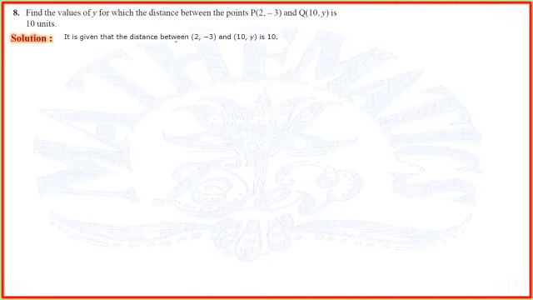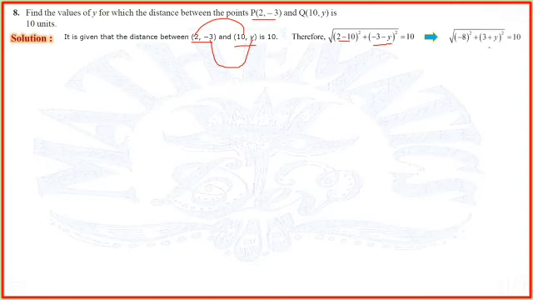It is given that the distance between P(2, −3) and Q(10, y) is 10. So that means √[(2 − 10)² + (−3 − y)²] is equal to 10. Therefore 2 − 10 is −8, and in −3 − y, minus we have taken common since its square is there.